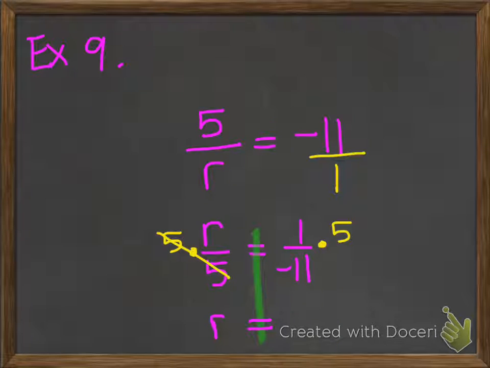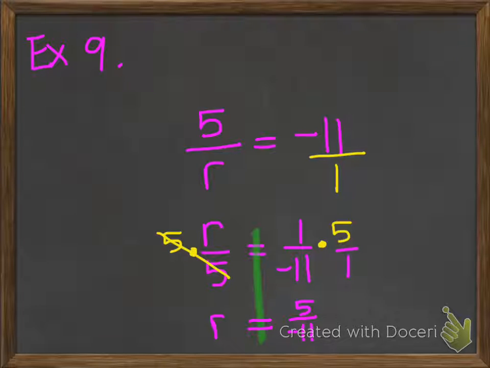but on the right side, I'm going to have to multiply 5 by 1 over negative 11. So remember, we just learned about multiplying fractions. When you multiply a whole number, just put a 1 in the denominator, and then you can do top times top, bottom times bottom. So 5 times 1 gives me 5 in the numerator, and 1 times negative 11 gives me negative 11 in the denominator.